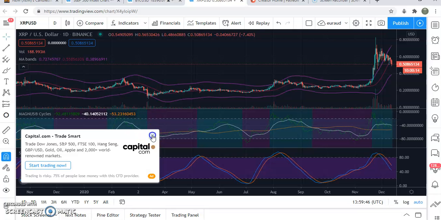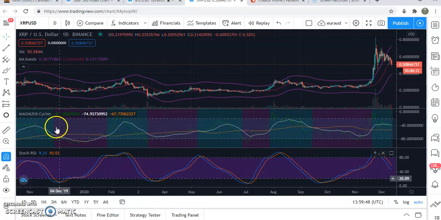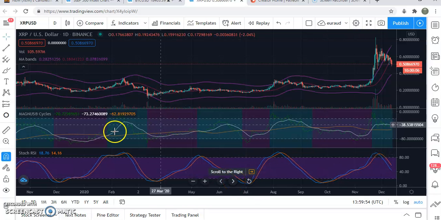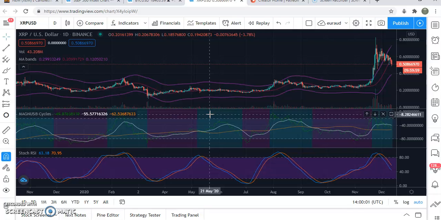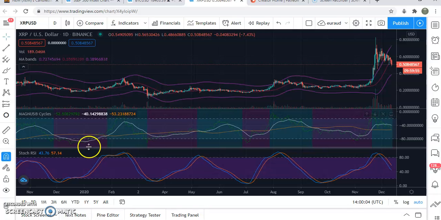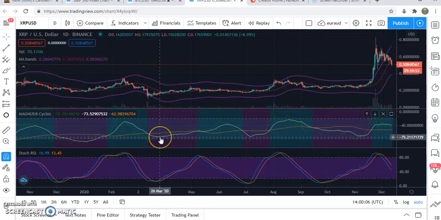Even in this case, what we see is that the same stochastic RSI with the same kind of parameters is working pretty smoothly, and Ripple has been moving more horizontally, so less in a trend when compared with Bitcoin. It's much easier to detect cycles when compared with Bitcoin.